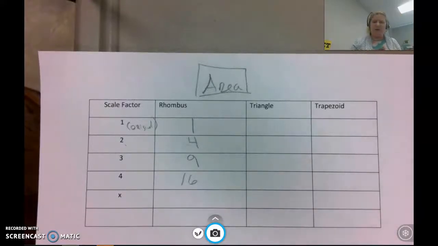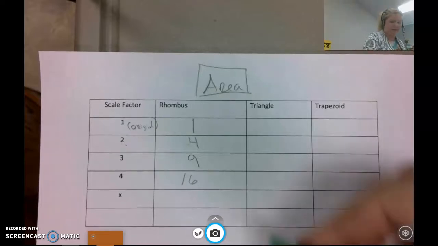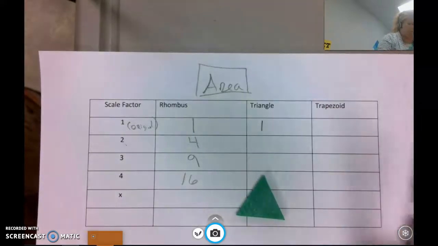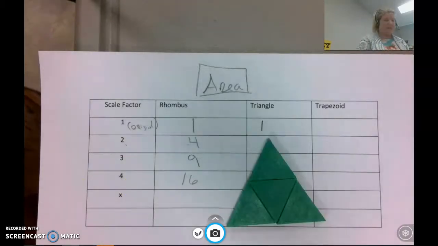So let's look at the triangle and see if we can find the pattern. So here I have a bag of triangles. Here's one triangle. So the scale factor there is 1. Now, what if I doubled it? What would happen then? So here I've made a triangle that is twice as large as the original.